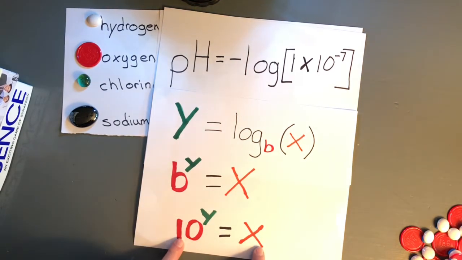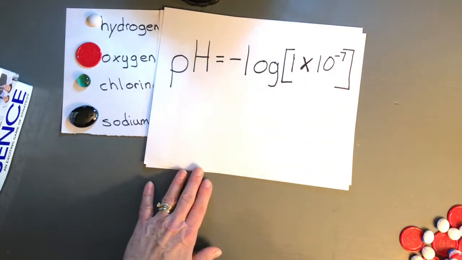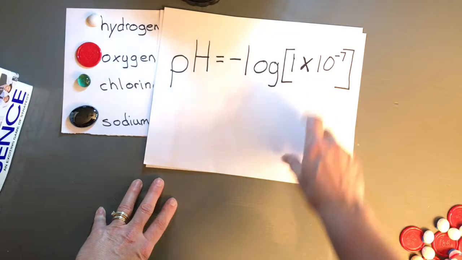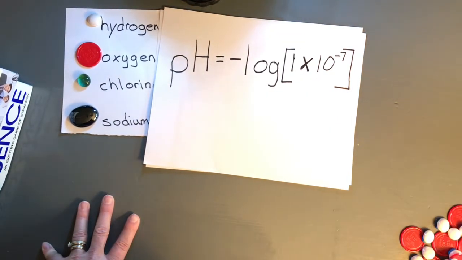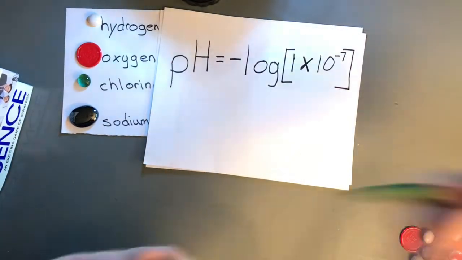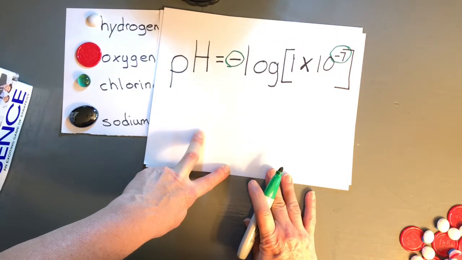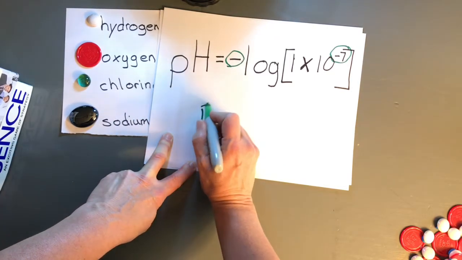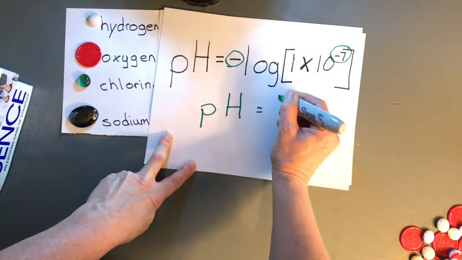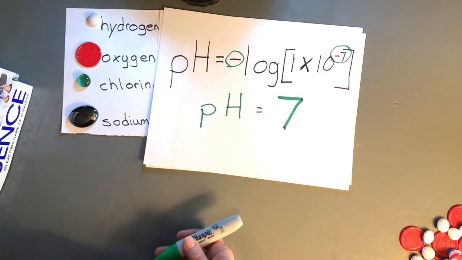Looking back at this, that would mean 10 to the negative 7th is going to be our concentration of hydrogen ions. This negative 7 and this negative are going to end up canceling each other out, and the pH of pure water is going to be equal to 7. It's the exponent without the negative sign.